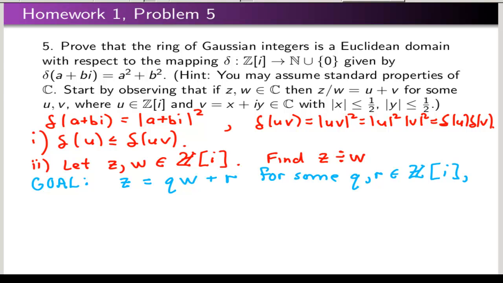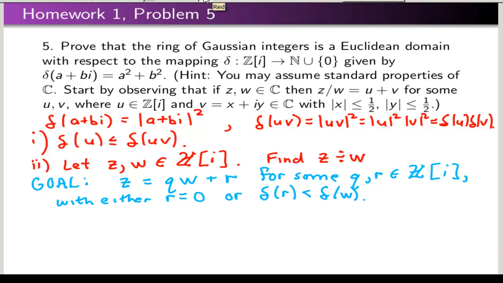And what does that mean? It means that either the remainder r is 0, or smallness is measured by the delta function here. So delta of r is less than delta of w. Okay, so that's your goal, is to produce these Gaussian integers q and r satisfying this constraint.